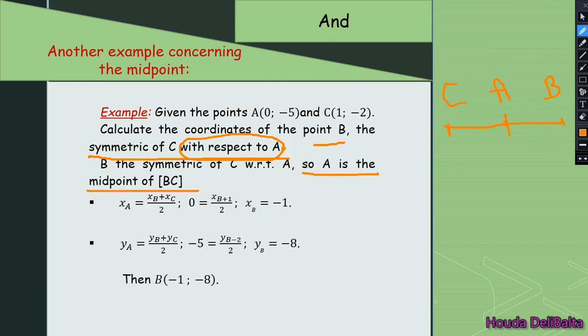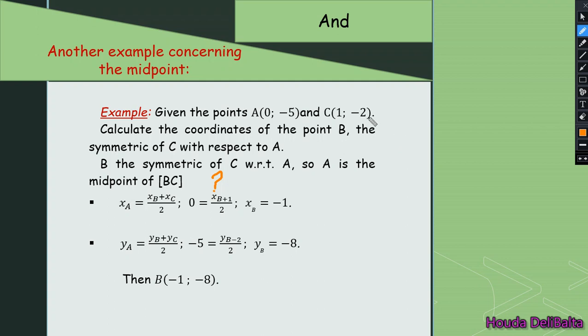And now we apply the rule concerning the midpoint. The rule says XA equals XB plus XC over 2, since again A is the midpoint of BC. Now I have XA, so I just evaluate. XA is 0, so 0 equals XB, which is the needed value because I need to find point B, plus XC.